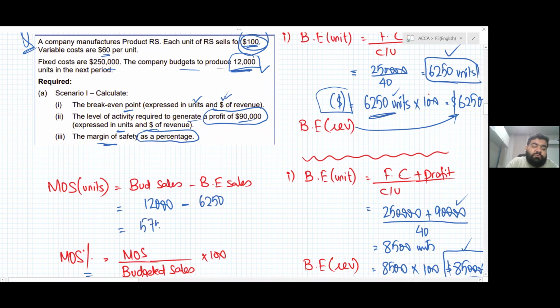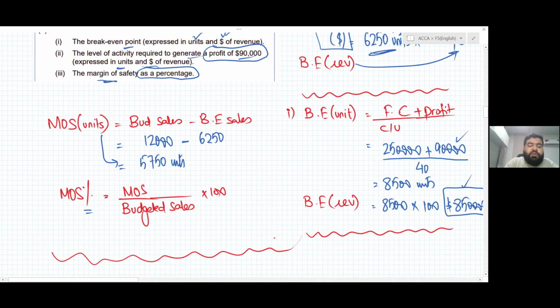It's 5,750 margin of safety units. And the margin of safety in percentage, you can calculate as margin of safety in units as numerator divided by budgeted sales 12,000, multiplied by 100, which gives 47.92%. That is the margin of safety in percentage.